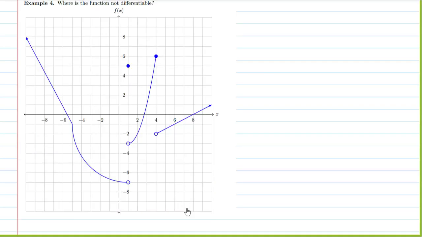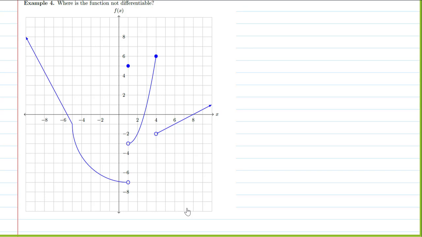All right, so for our next example, we want to talk about, well, where is this function not differentiable? So what was it that the derivative represented again? It's the slope. So what we would have to start looking for is places where the graph does not have a well-defined slope.